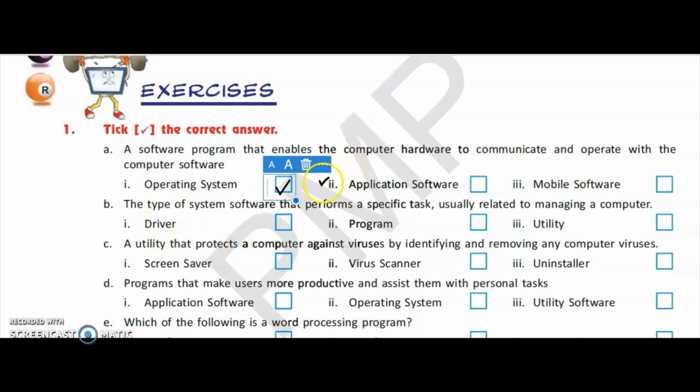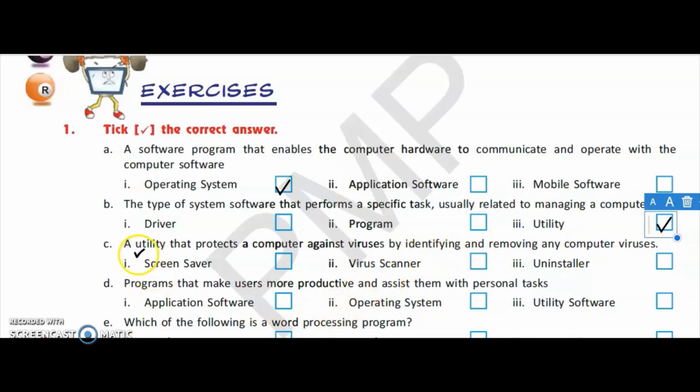Now, the type of system software that performs a specific task usually related to managing a computer. The options are driver, program, and third one is utility. And the correct answer is utility.